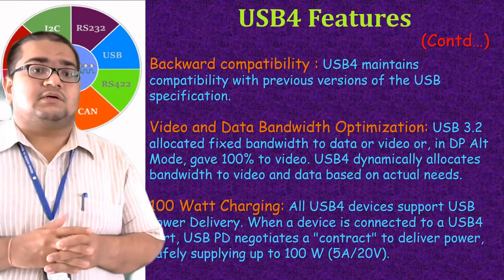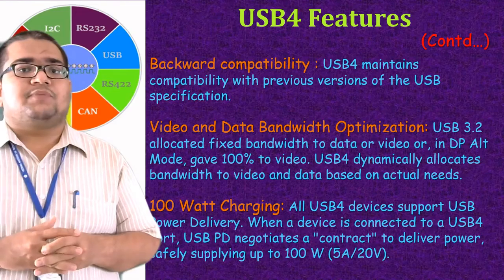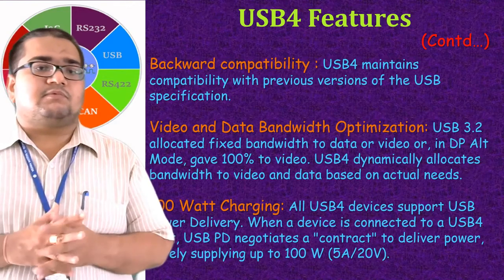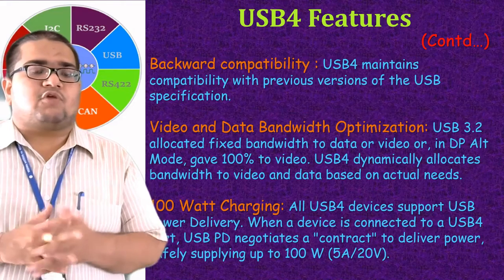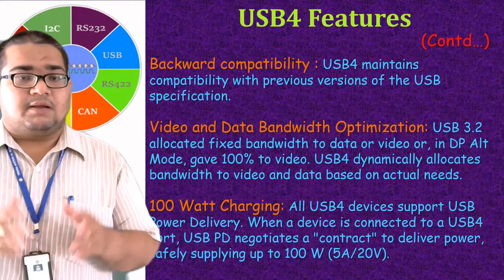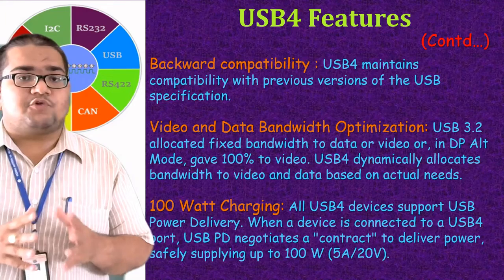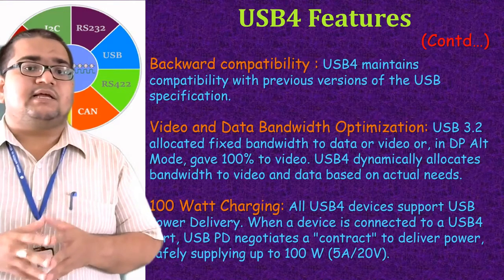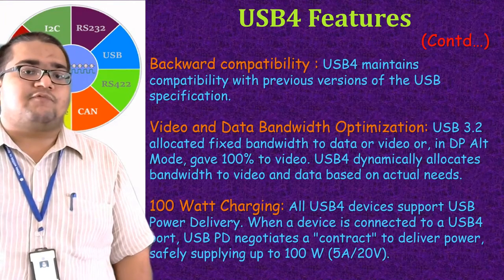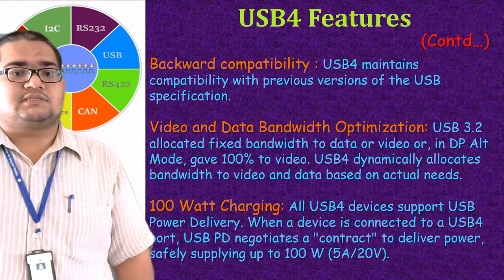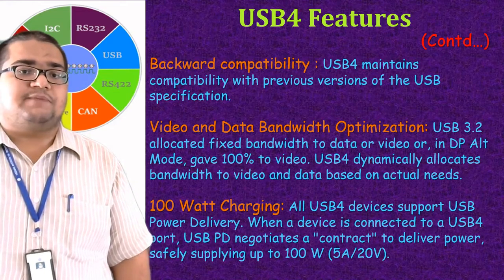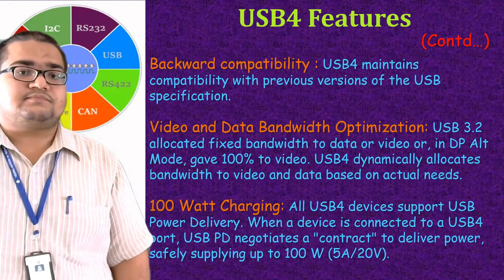Super speed USB, that is USB 3.2, provided 1.1 amperes or 1.5 amperes of current. USB 4 further enhances this by delivering a current up to 5 amperes, so it can provide 100 watt charging.